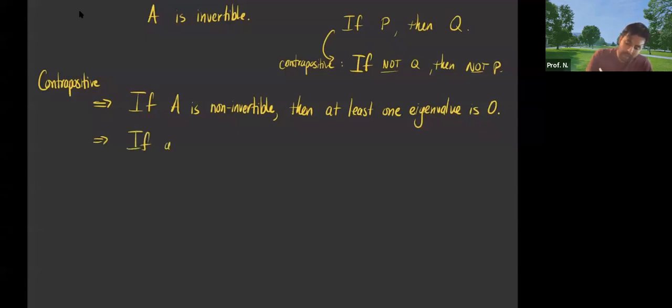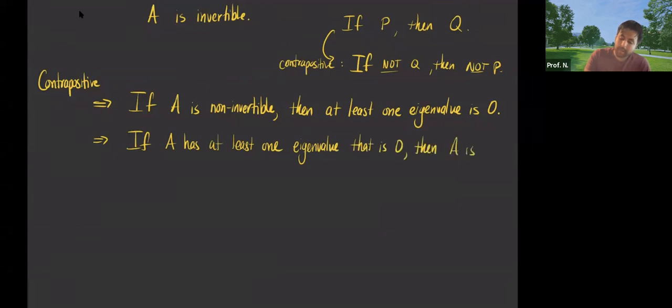If A has at least one eigenvalue that's 0, then A is non-invertible.